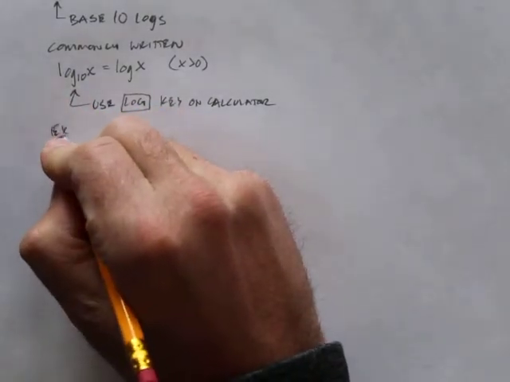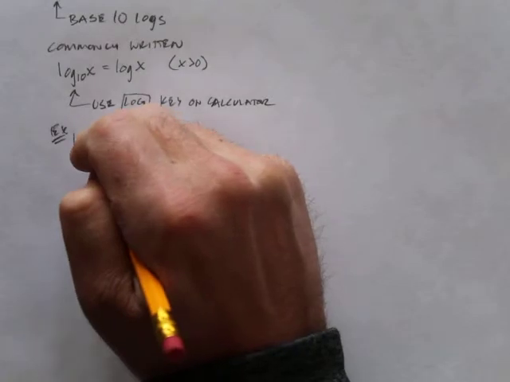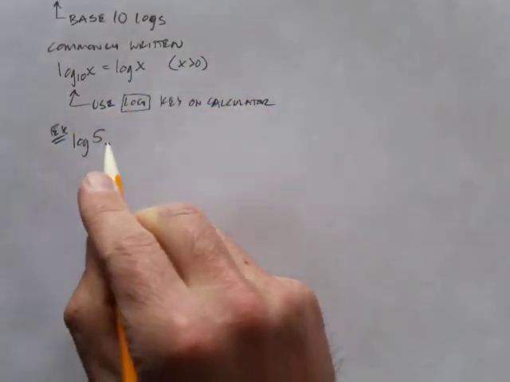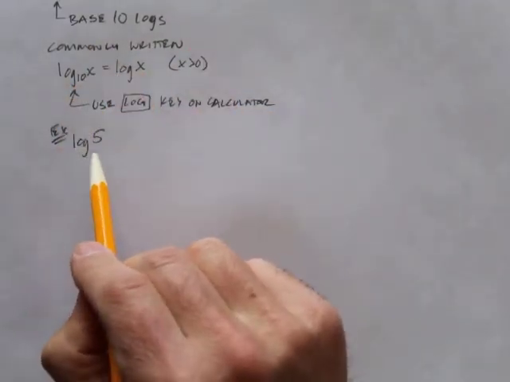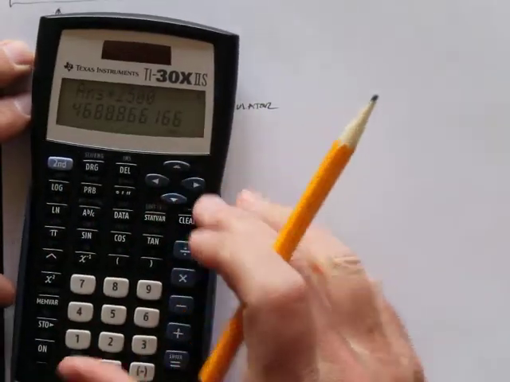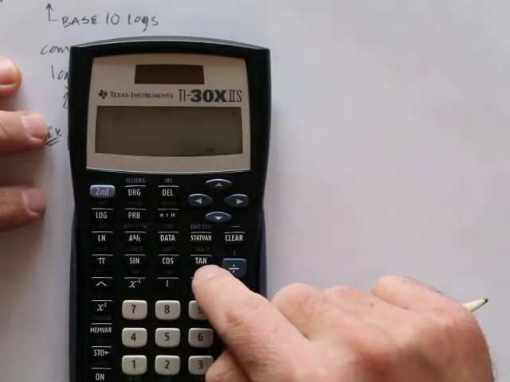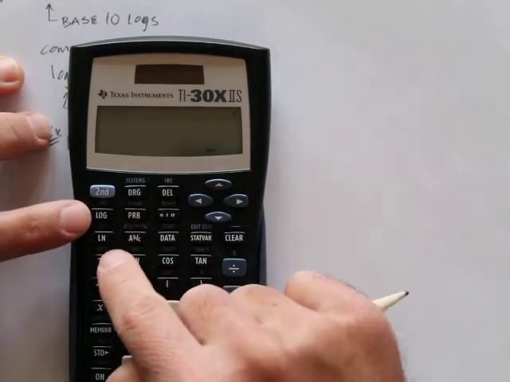Let's do an example. Log base 10 of 5, right? So common log of 5. So all I do on my calculator, clear everything out, and I just press the log button, is right here.